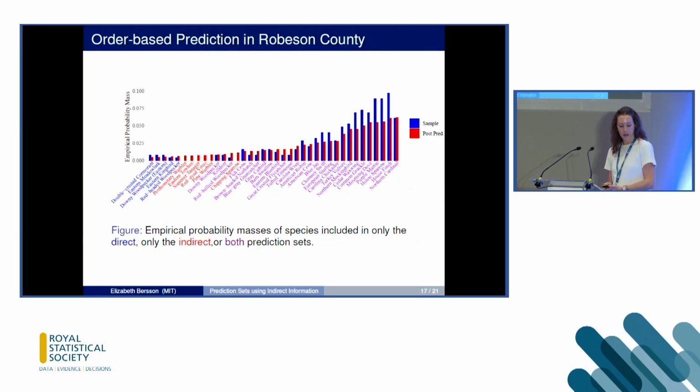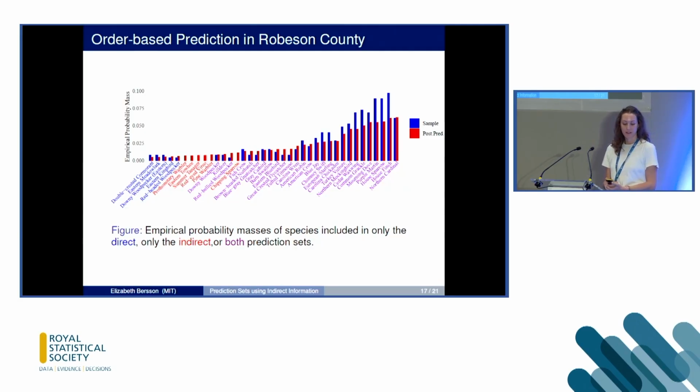I'm plotting the probability masses of species included in only the direct prediction sets, which are these species in blue on the far left. Species included only in the indirect prediction sets are labeled in red, and the species included in both prediction sets are labeled in purple. This plot is sorted by the red bars, by the posterior predictive probability mass.